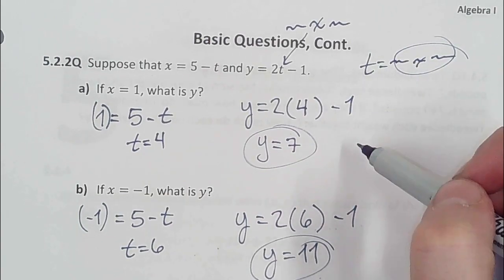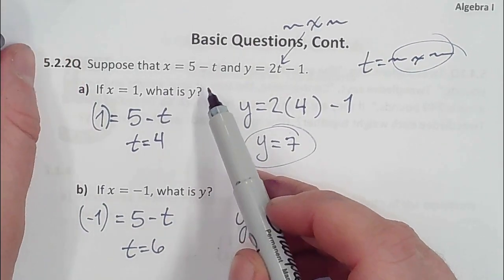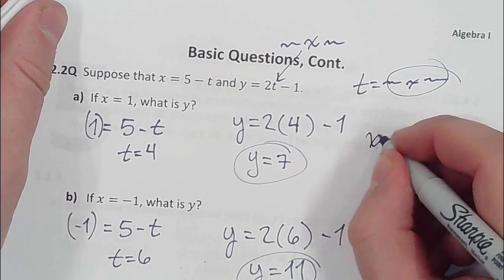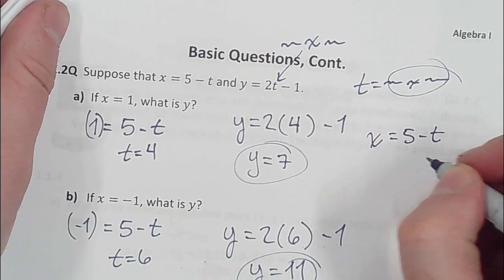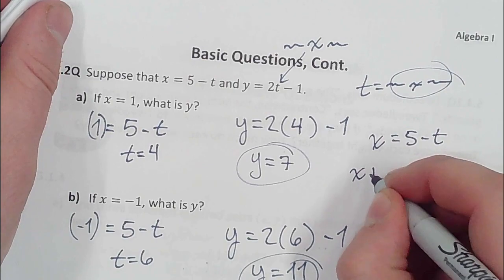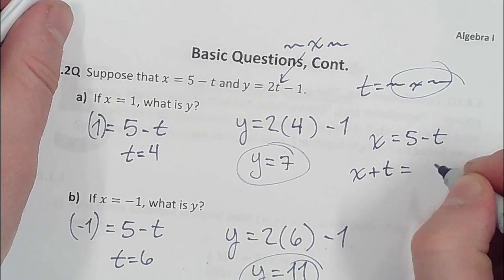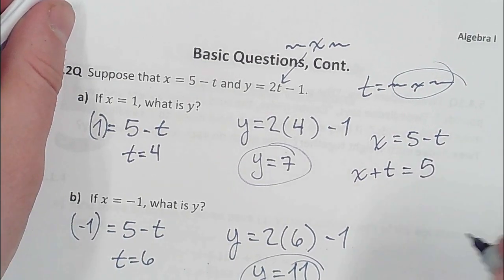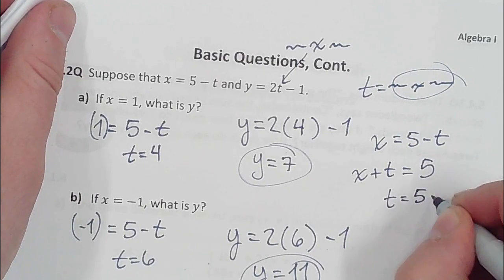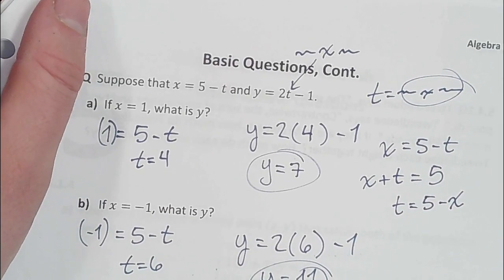So what is t in terms of x? Well, I know x in terms of t. So if I play around with that, I can get t on its own by adding t to this side. Adding it here gets rid of it. And subtracting x gets me this. That is t in terms of x.